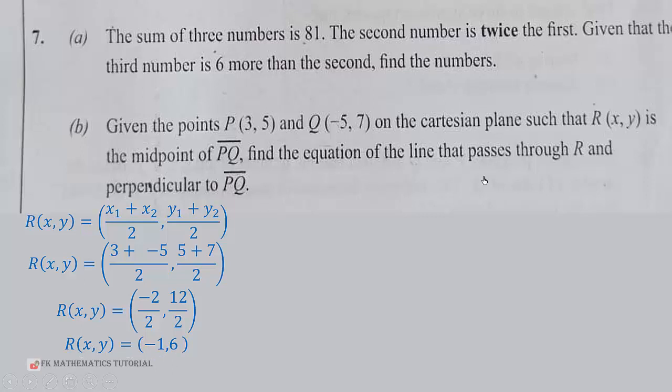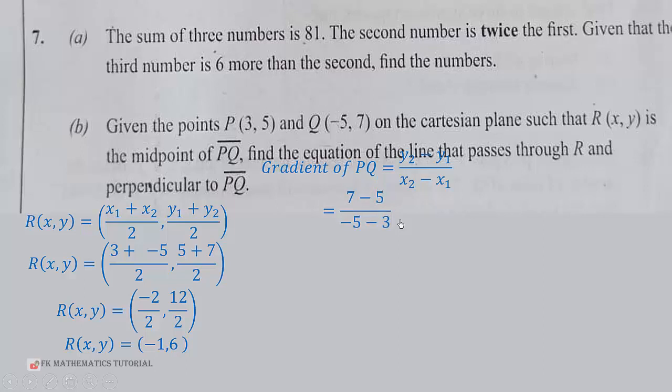And we have to find the equation of the line that passes through R, perpendicular to PQ. So we first of all find the gradient of PQ. For the gradient of PQ, we use the formula y2 minus y1 over x2 minus x1. So this is y2 minus y1, which is 7 minus 5, over x2, which is negative 5, minus 3.